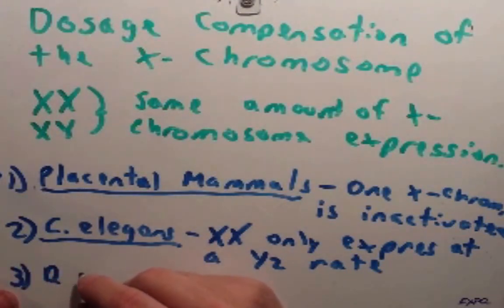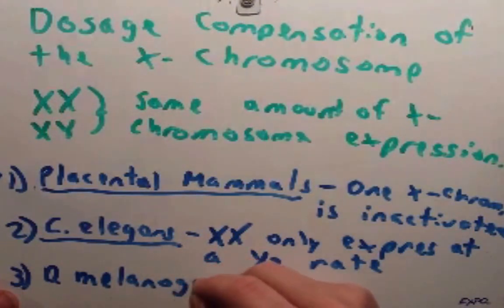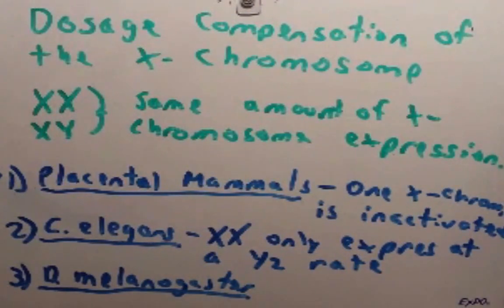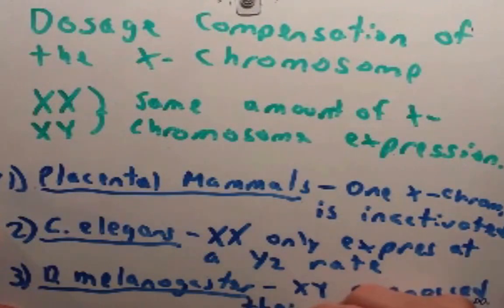Drosophila melanogaster take another unique way of accomplishing dosage compensation. For them, the male, XY, expresses their X chromosome at twice the rate.